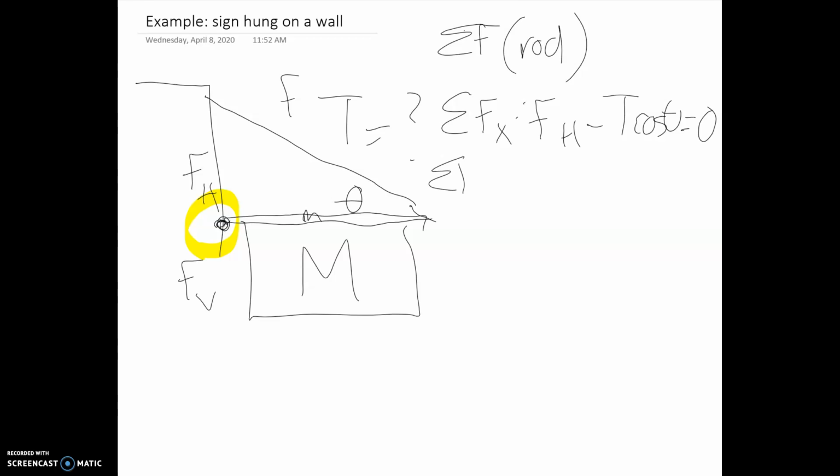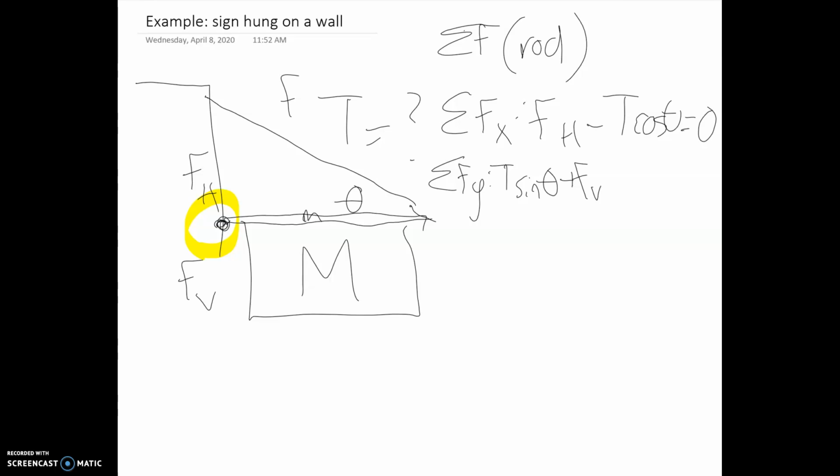And as far as the y, there are a lot of things that are going to act on it. There's going to be the vertical force, T sine of theta. And then maybe this is positive. I don't know. If I get a negative answer, then I know that it's actually pulling down on it.